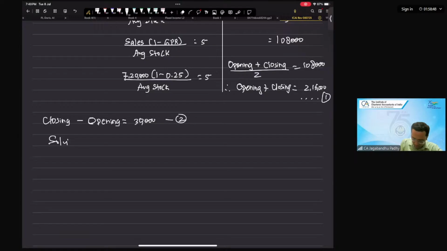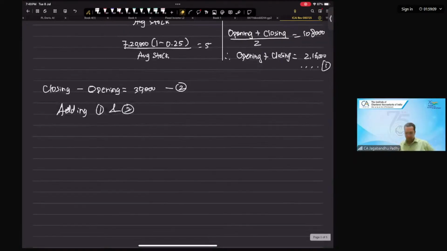So we can simply solve 1 and 2, or rather we can just add equations 1 and 2. Once we add the equations, closing stock plus opening stock, the sum is equal to 2,16,000.